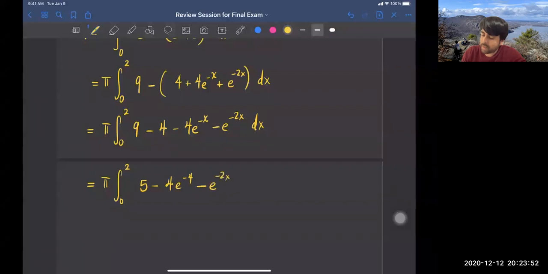Antiderivative: 5x minus, sorry, should not be -4, it should be -x. This is going to be positive 4e to the -x, and this becomes positive e to the -2x, sorry, it should still be negative, over 2.